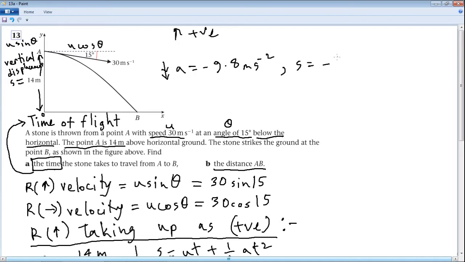S equals minus 14 meters. We are resolving vertically, so the vertical initial velocity, uy, is minus 30 sine 15 degrees. It is also downward, so they should all be negative. You may try down as positive, in which case these should all be positive.